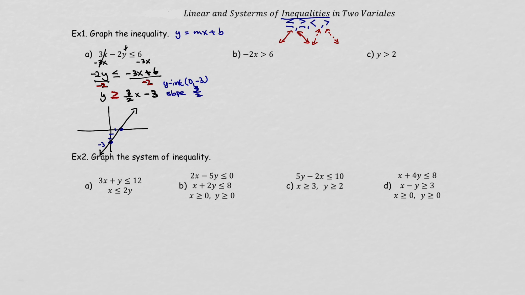But we're looking at the inequality. And the inequality right here is saying the y value has to be greater than or equal to. So when you're looking at y, this is your y line. This area right here is greater than this area. And the area that includes these upper y values is going to be your solutions. So it will be this.